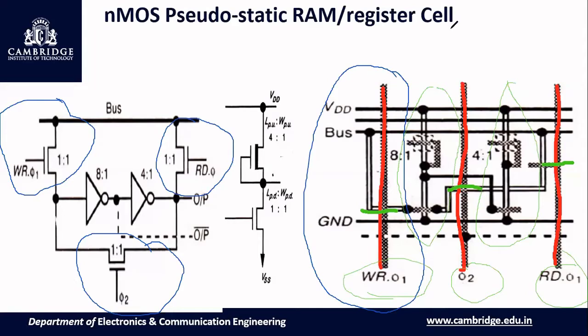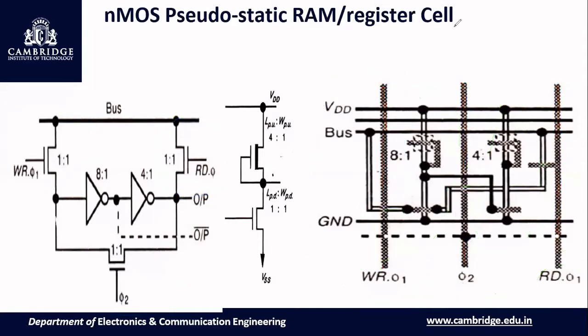I'll just explain how to draw the stick diagram. Initially, I'll draw the power supply rails. First, I'll draw the VDD rail and the VSS rail.